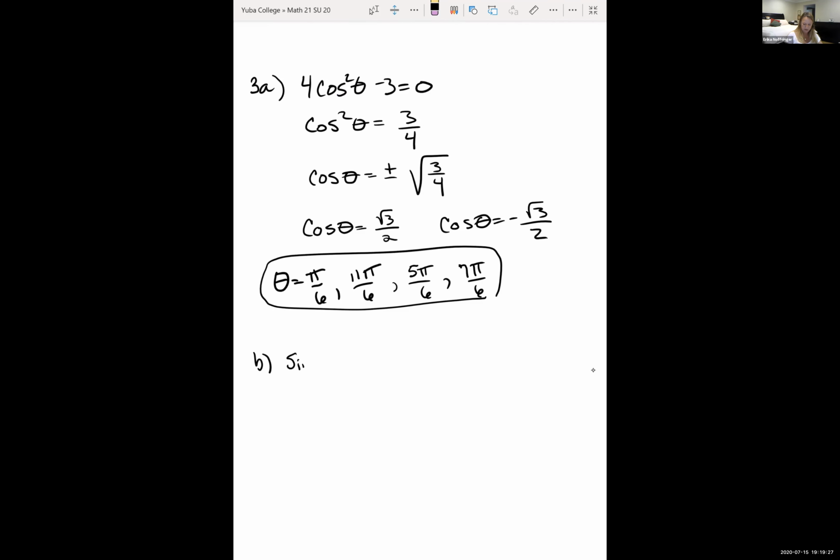Sine of 2 theta. That's it. But I only had pi/6 and 11 pi/6. Would I give myself 2.5? So you got it all except that you didn't get the negative part, because maybe when you took the square root of both sides, you forgot to put the minus. Is that what happened? Yeah.